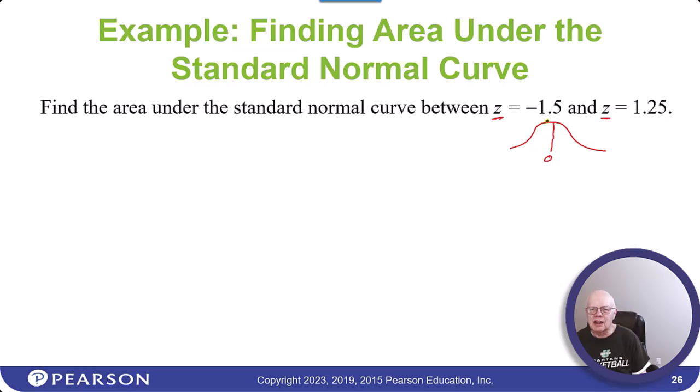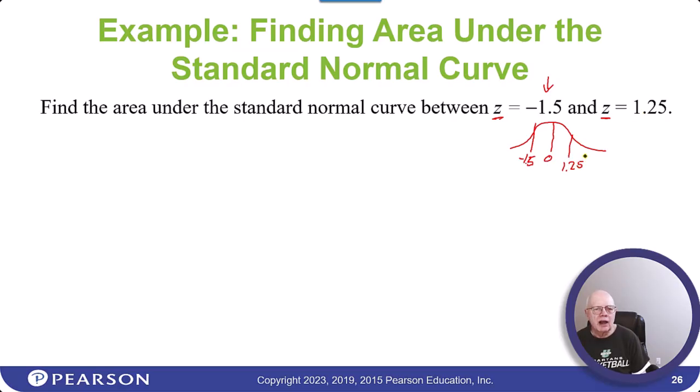We want to start at negative 1.5. That'll be over here somewhere. We don't care, we just want a pictorial representation. And we want to go to 1.25, which will be over here, 1.25, positive.